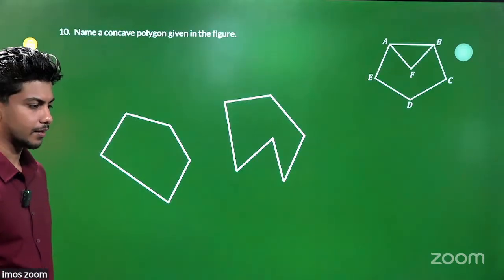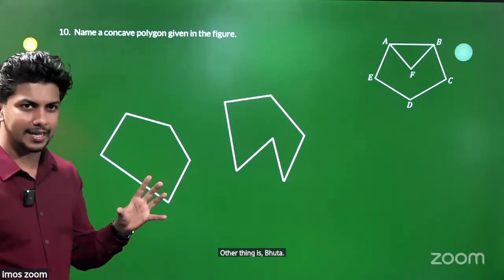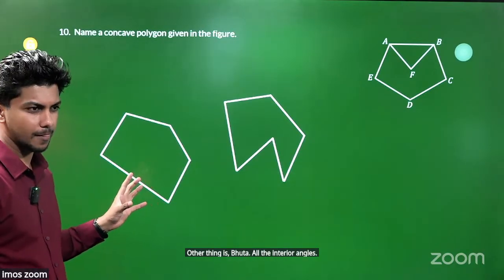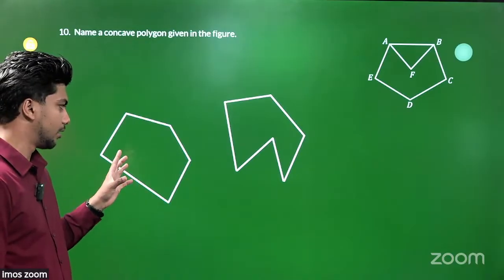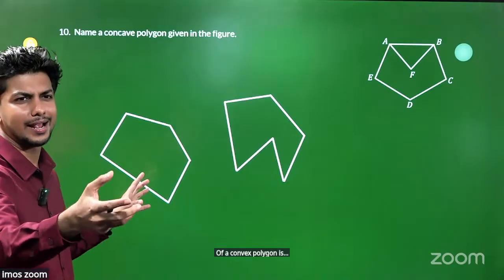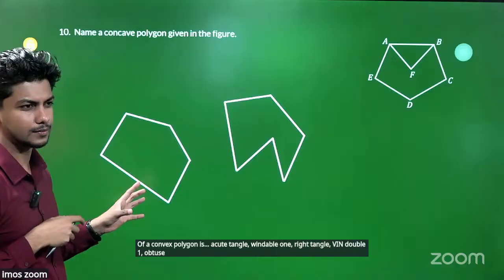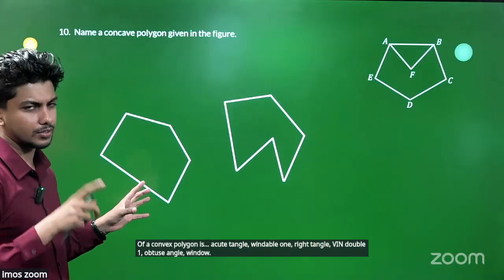Another thing is, all the interior angles of a convex polygon can be an acute angle, a right angle, or an obtuse angle, but never a reflex angle.